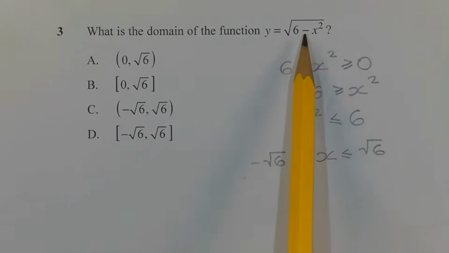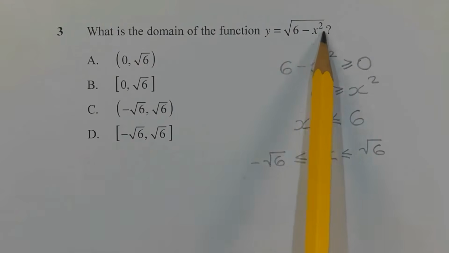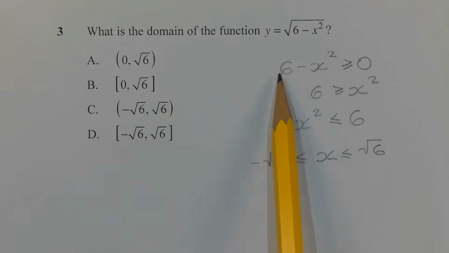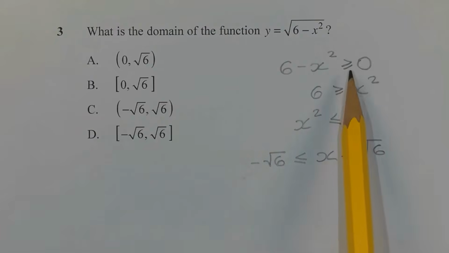So think of it this way. The output of this quadratic function becomes the input of the square root function. And the input of the square root function has to be a value that's greater than or equal to 0. In other words, 6 minus x squared has to be greater than or equal to 0.